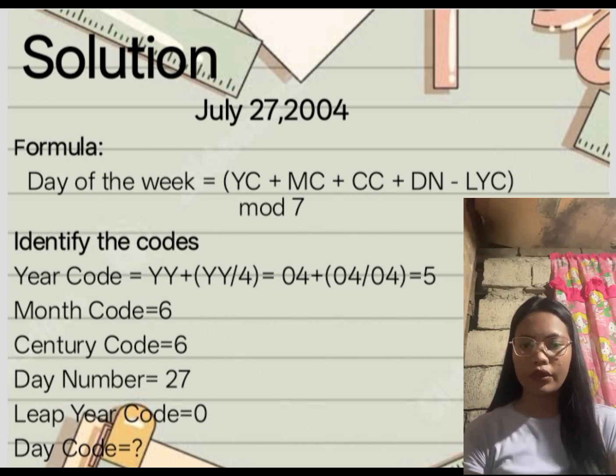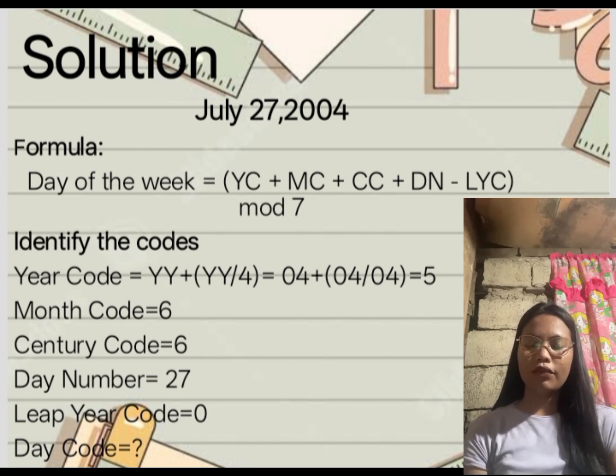For the year code, we have the formula YY plus YY over 4, and the last two digits in the given problem are 04. We substitute: 04 plus 04 over 4, and 04 over 4 is equal to 1, and 04 plus 1 is equal to 5. So our year code is 5.